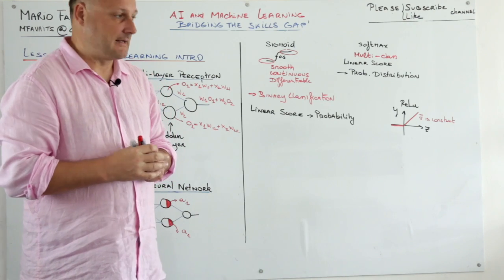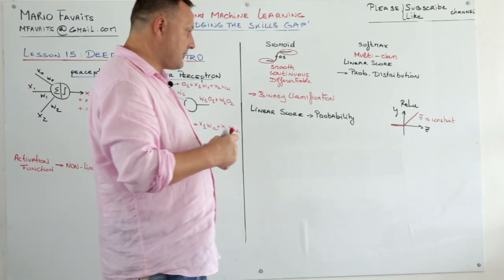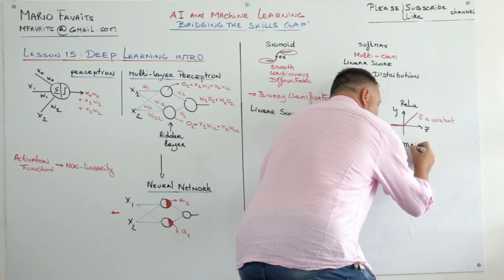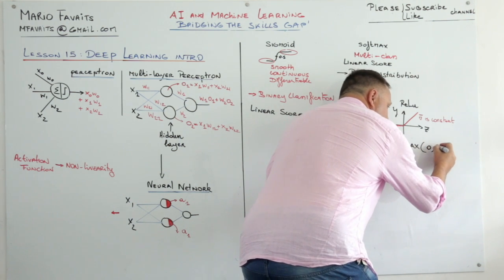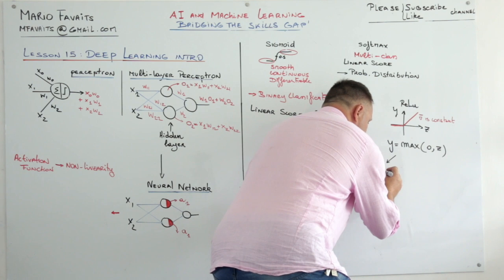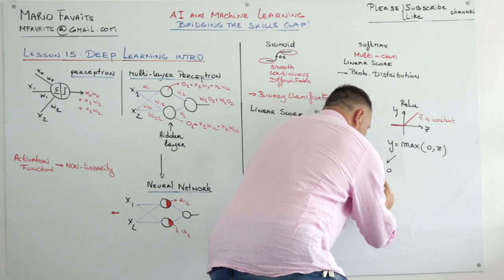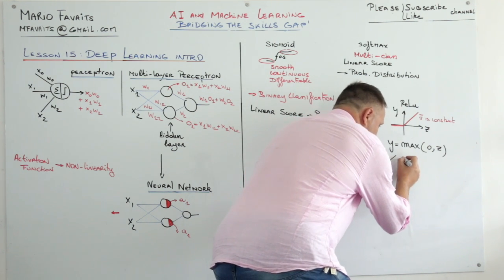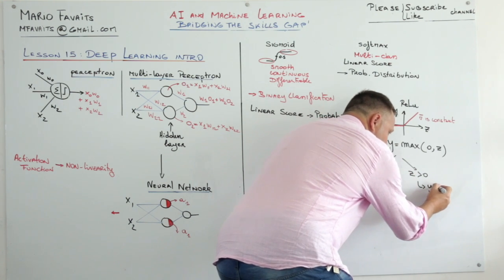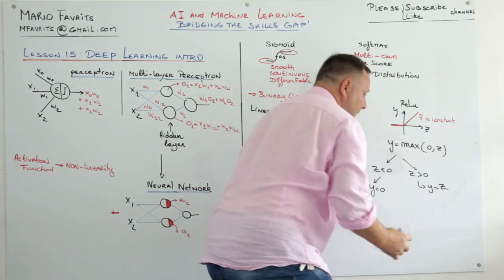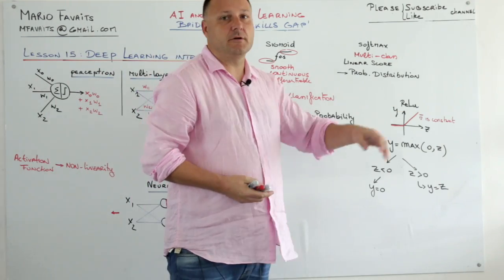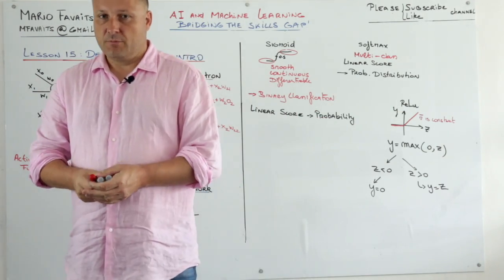Nice mathematically. So the function here is y equals the maximum of 0 and z. So if z is negative, y is 0, and if z is positive, y equals z. So ReLU is very popular, and we will use it a lot.